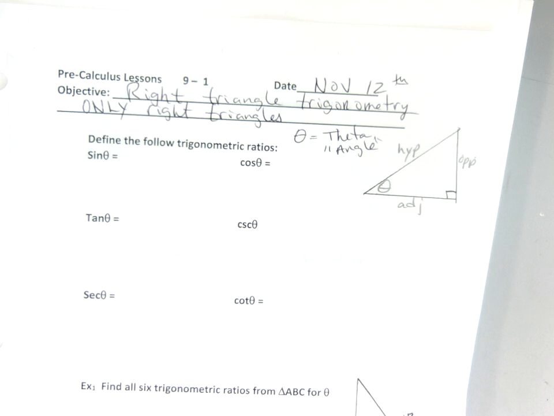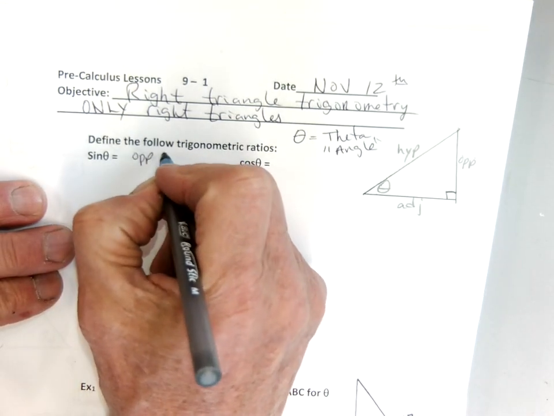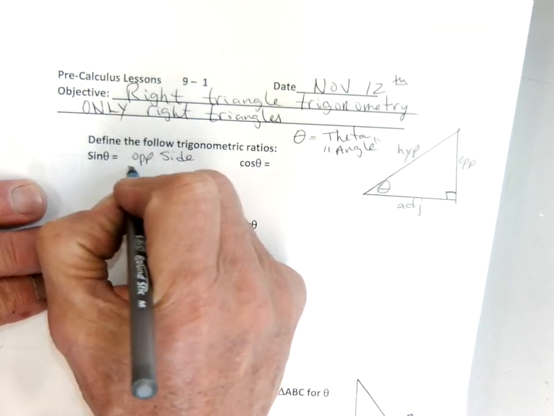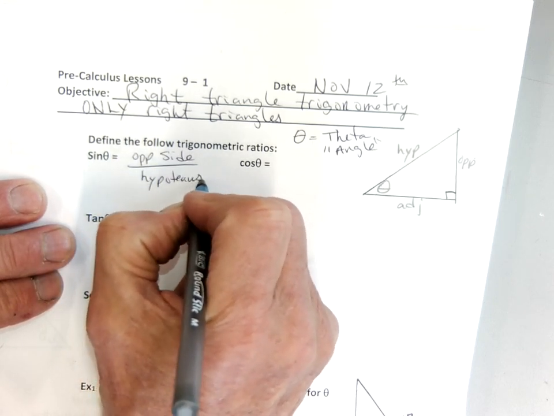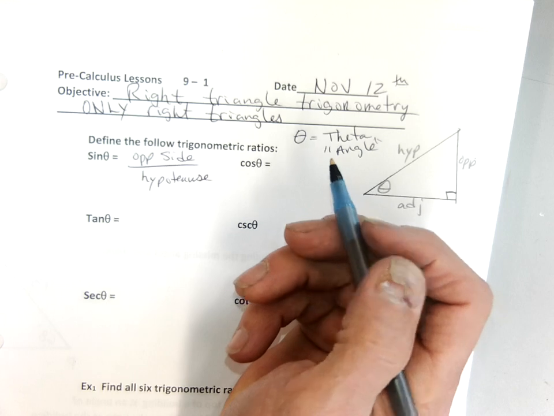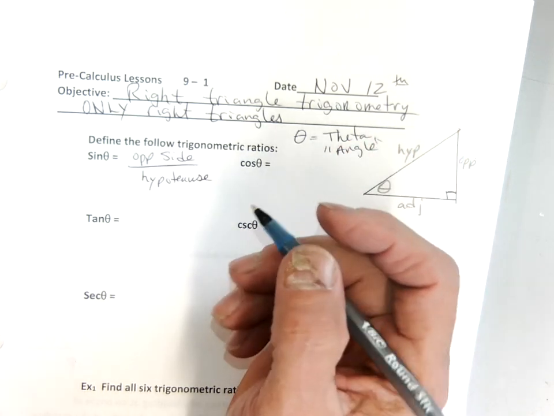So the sine of an angle is just looking at the ratio between the opposite side and the hypotenuse. That's all. As one changes, it changes the other two, correct? If the side changes, it changes the other side and changes the angle, okay?